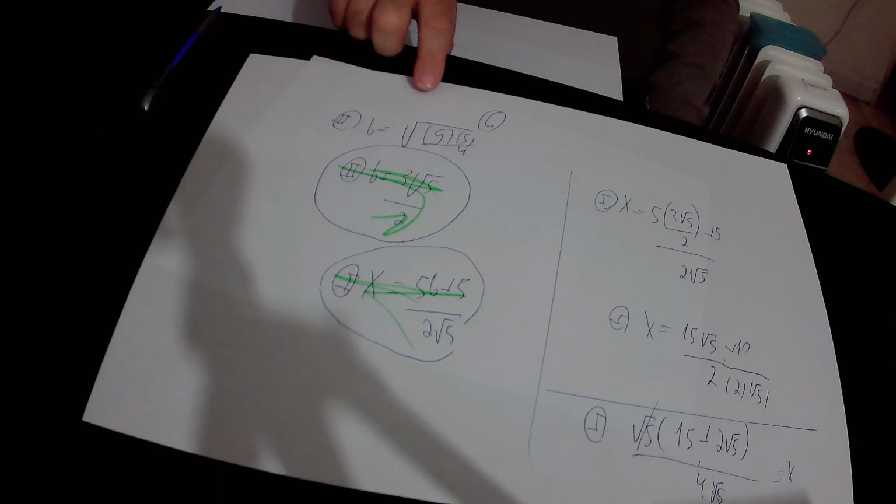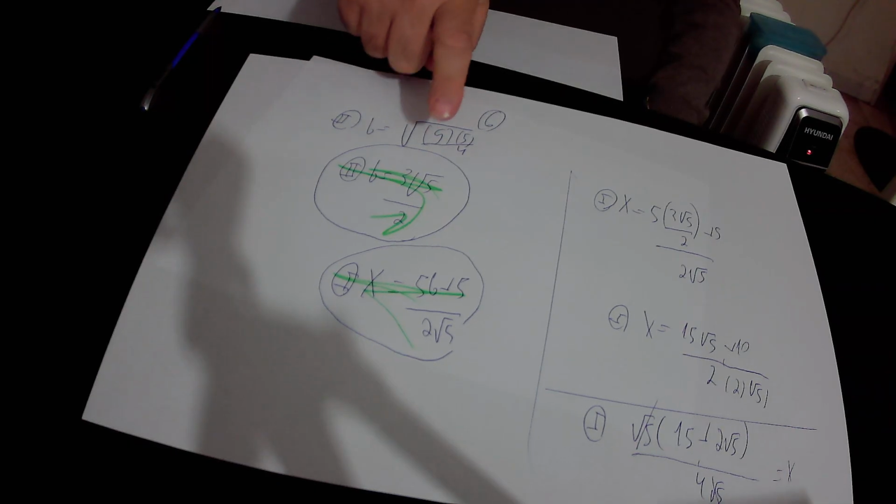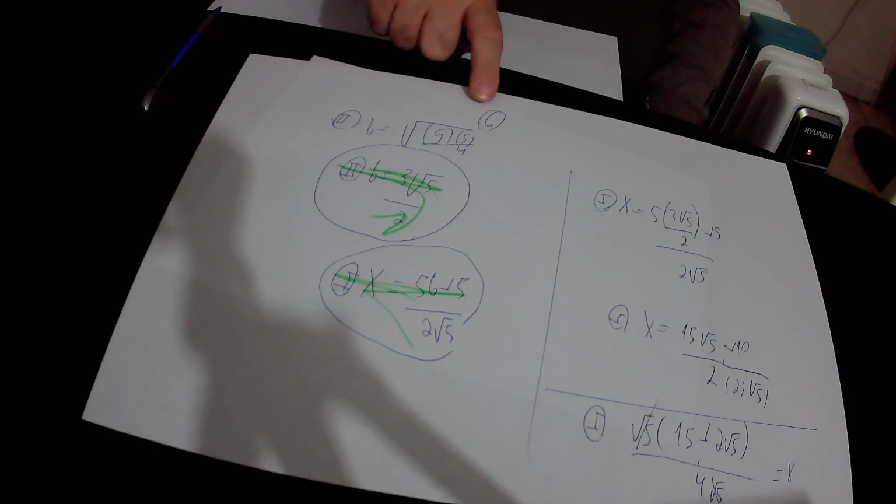The square root of 9 is 3, and the square root of 4 is 2. So in the denominator we are left with 2, and inside the root we are left only with 5. In conclusion, we found out that b equals 3 times the square root of 5 over 2.